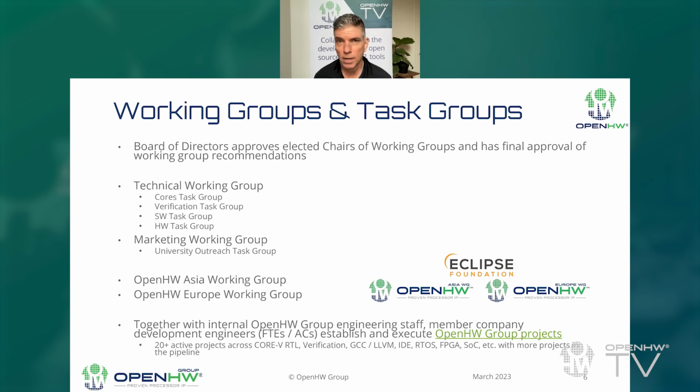One of the projects you might be aware of is called Tristan. It's a European Commission funded project. There's 46 different companies that participate in that, and that's under our Open Hardware Europe working group.